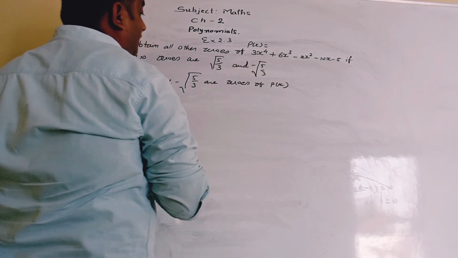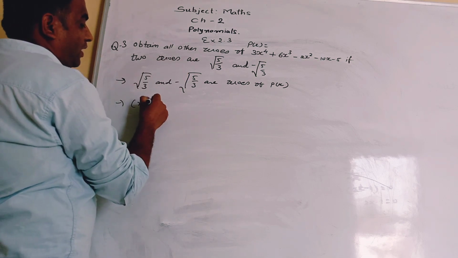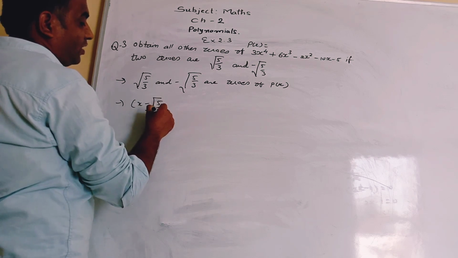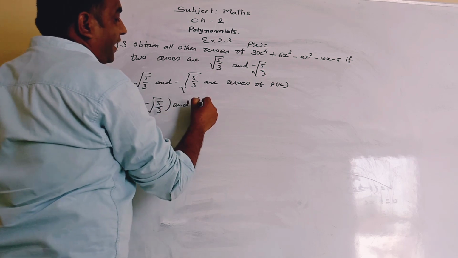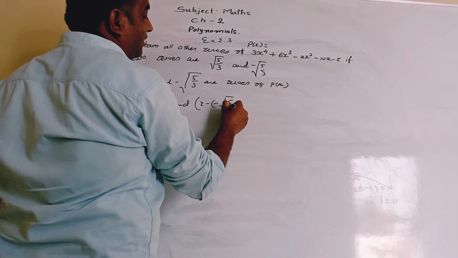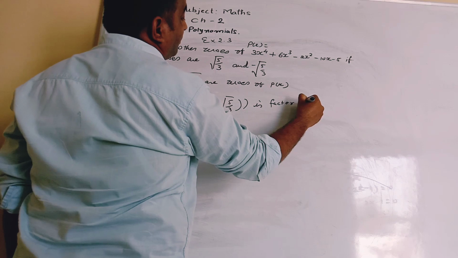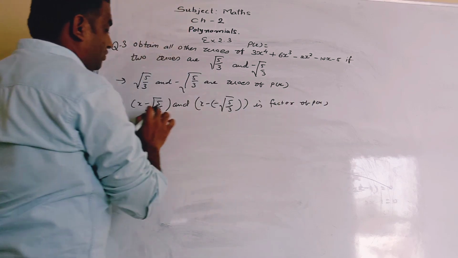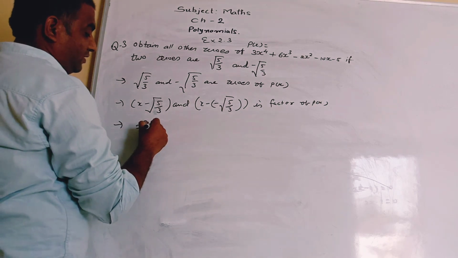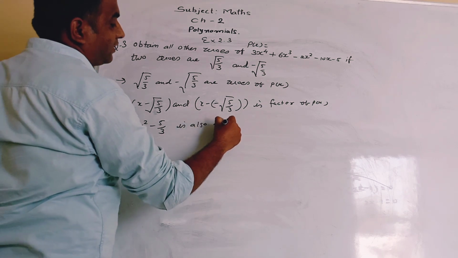And so by the 9th standard factor theorem we can say that x minus root 5 by 3 and x plus root 5 by 3 are factors of px. As these two are factors of px, their multiplication, x square minus 5 by 3, is also a factor of px.